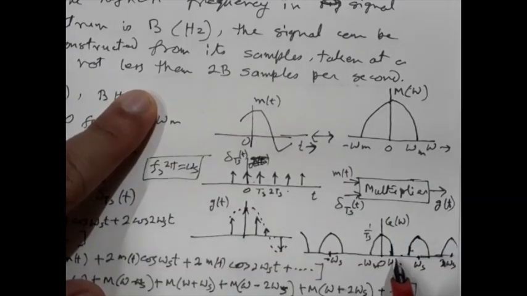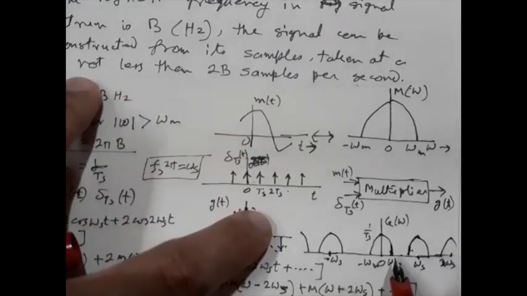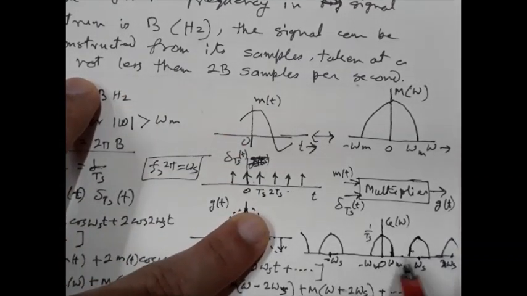If we see this figure carefully, the overlap will just start, that means this period and that period will be side by side, when omega s is equal to twice omega m.